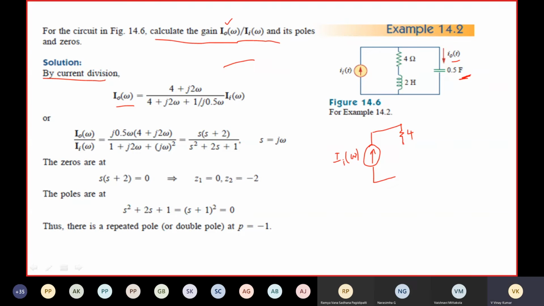Resistance remains the same. For the inductance, what is the impedance ZL? ZL is equal to j omega L, right? L is equal to 4, right?